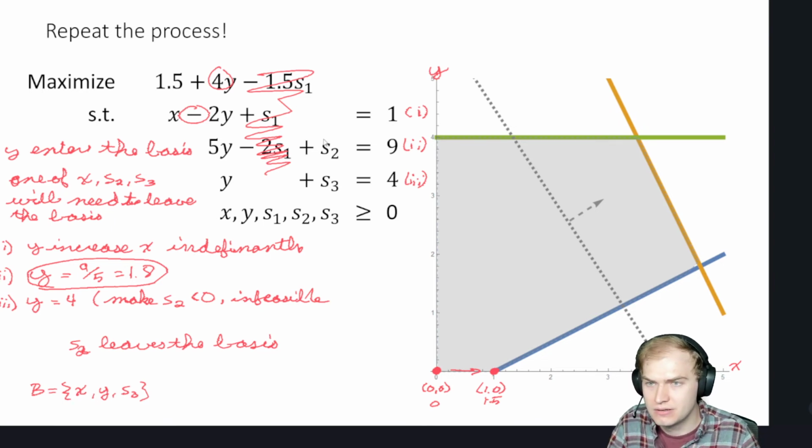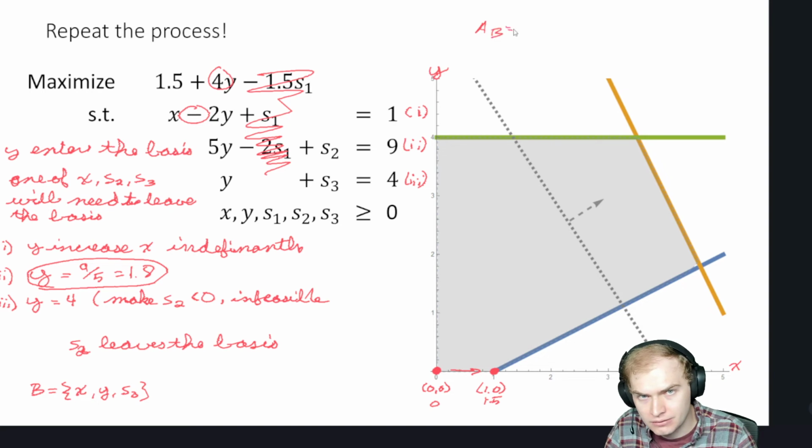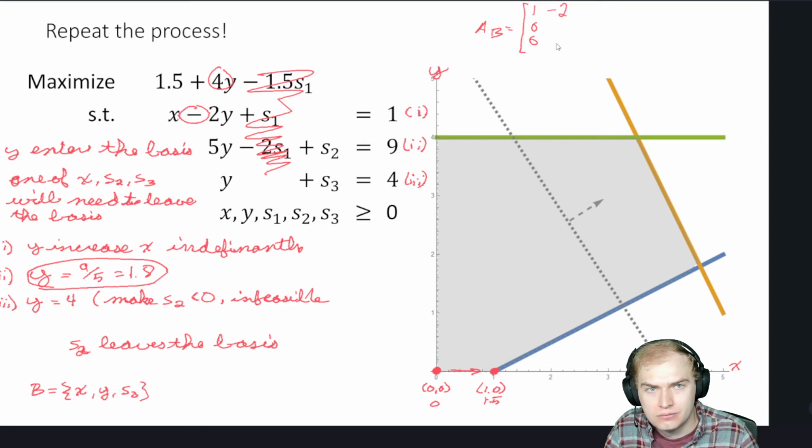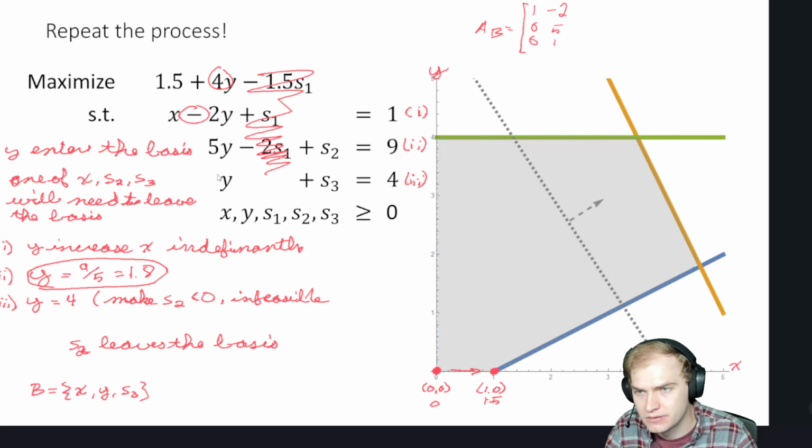I'm going to do it instead by inverting the basis matrix. So our AB, I'm going to move up here, is 1, 0, 0. The first column has to do with X. X is our first element in the basis. Negative 2, 5, 1 is our Y column. And our S3 is 0, 0, 1.